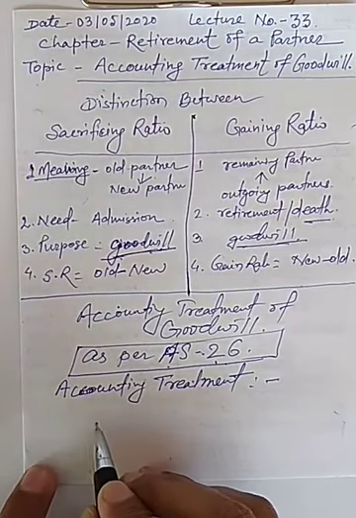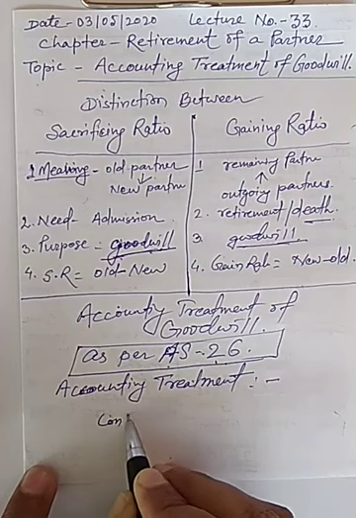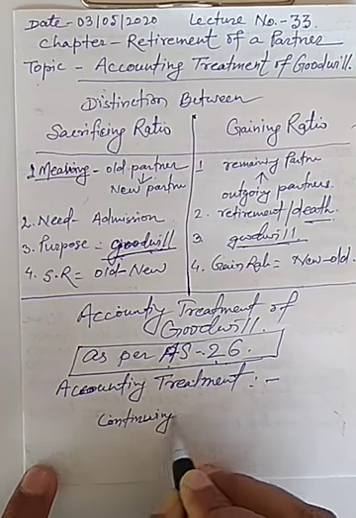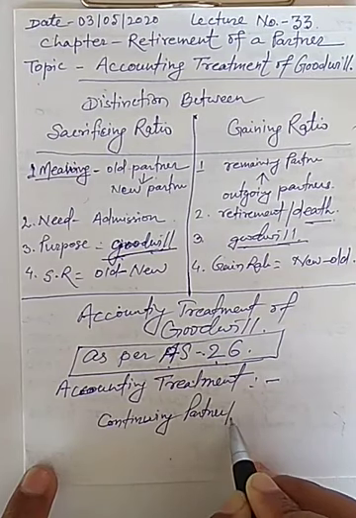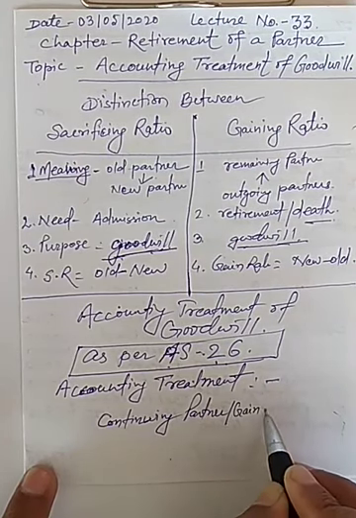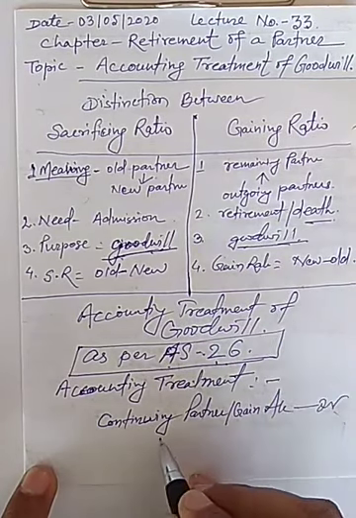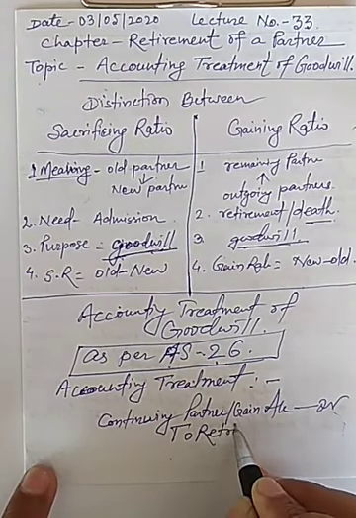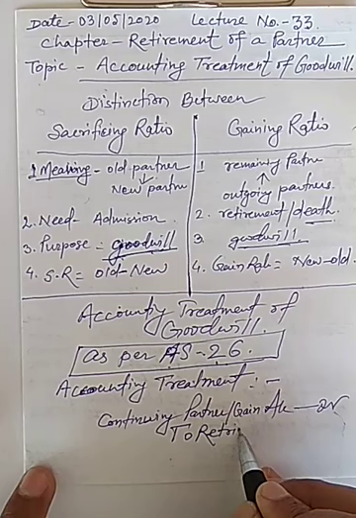Journal entry will be: continuing partner or gaining partner's capital account, DR, to retiring, outgoing or deceased partner's capital account.